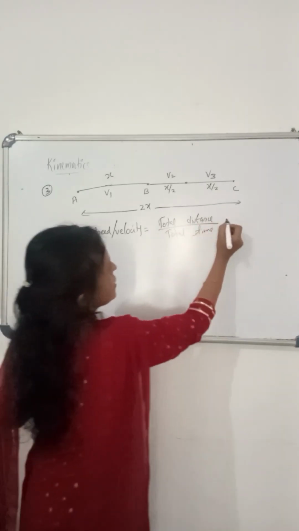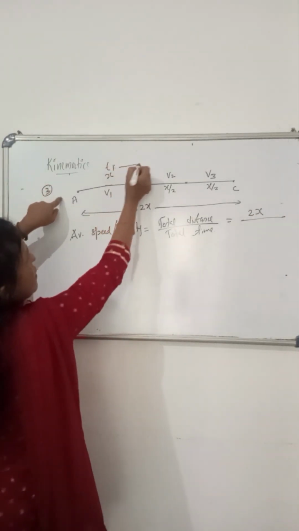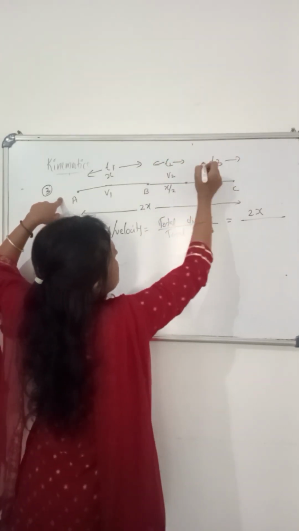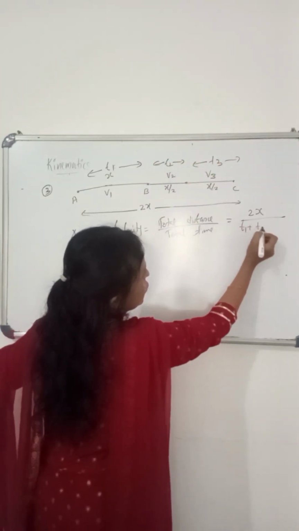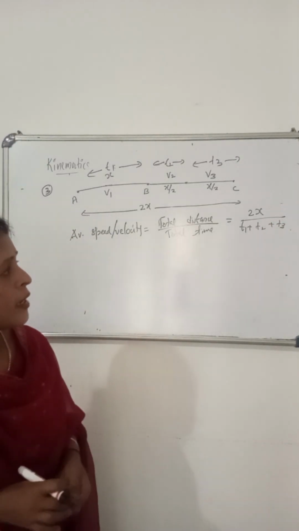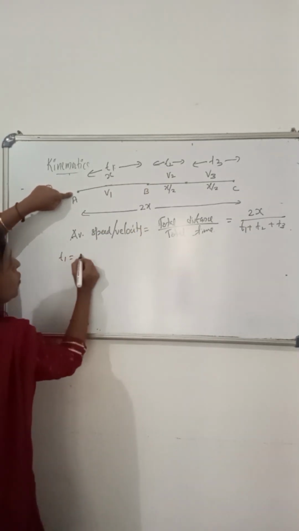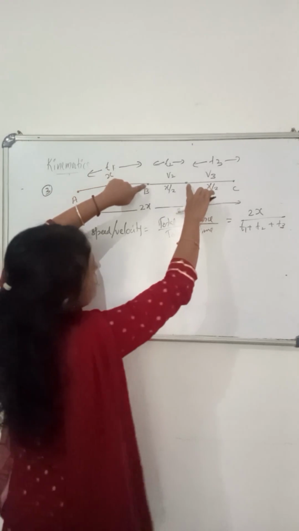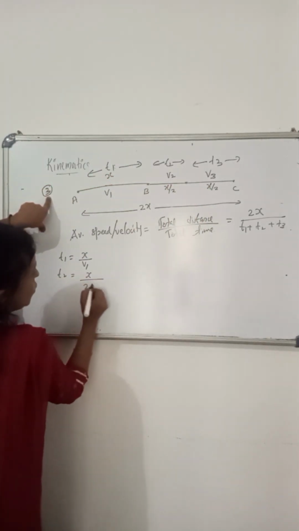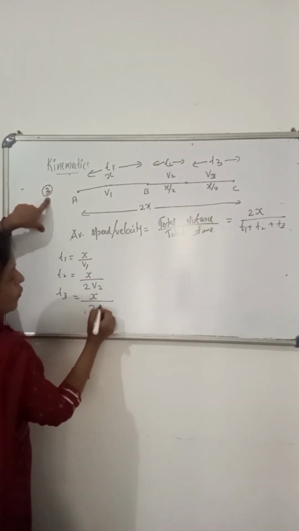What is the total distance? You know that it is 2x. Total time: suppose this is time t1, here time t2, and here time t3. Then t1 plus t2 plus t3, and we need to find t1, t2, t3 from the given data. We know t1 is equal to x by v1, t2 is equal to x by 2 v2, and t3 is equal to x by 2 v3.